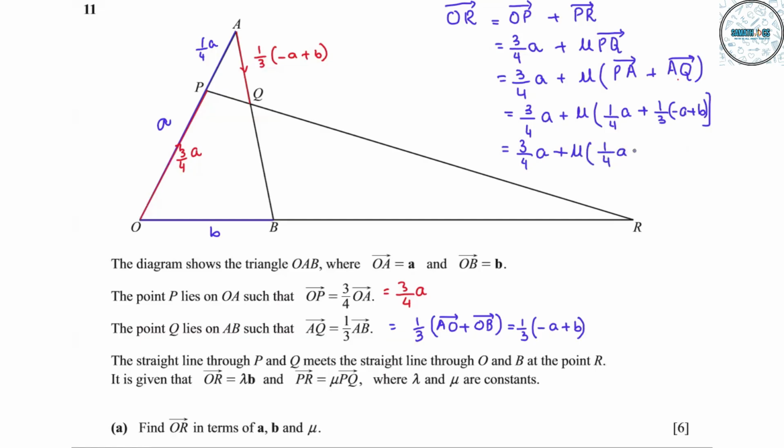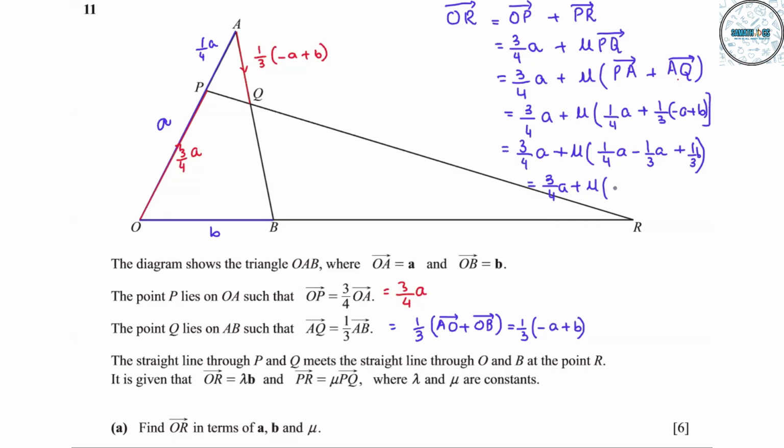1/4 a minus 1/3 a plus 1/3 b, which is finally 3/4 a plus mu into, we will take out the LCM, where we multiply this by 4 and this by 3.